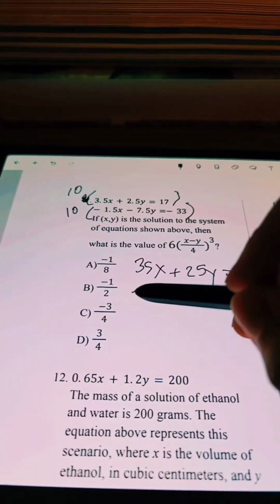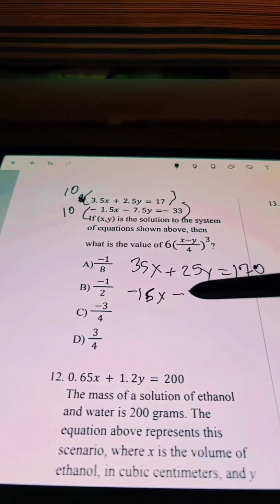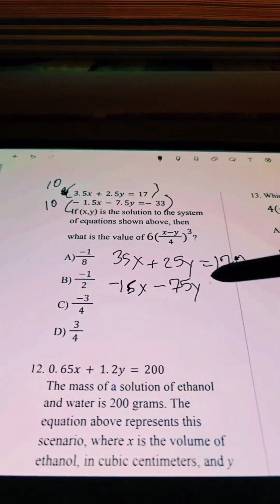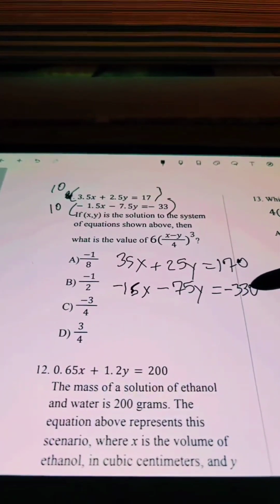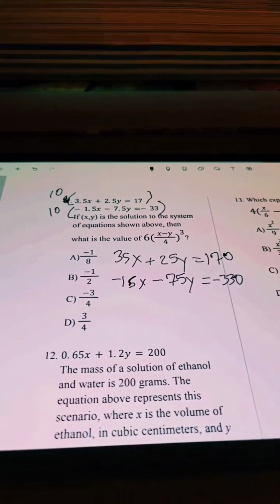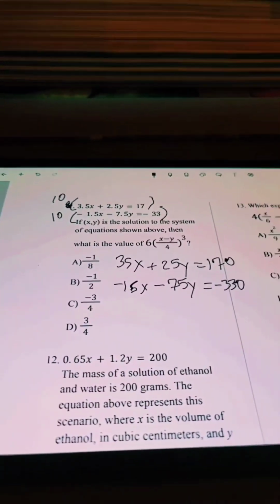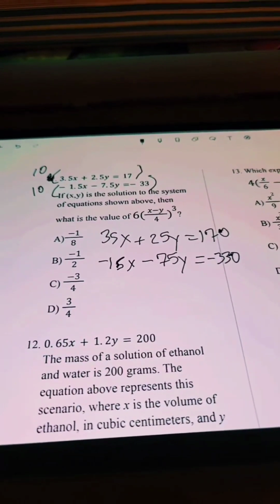So this is going to be negative 15x, and negative 75y, and then negative 330. So now you're free to do graphing or substitution, elimination, whatever method you prefer. That's fine. Do whatever you want.